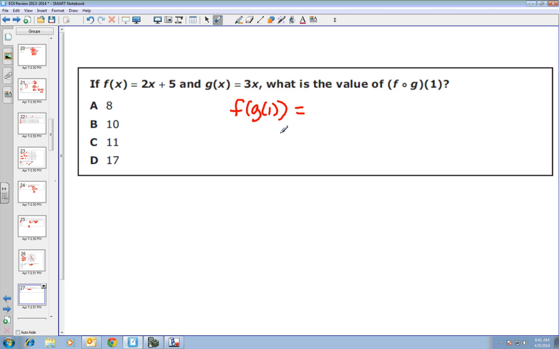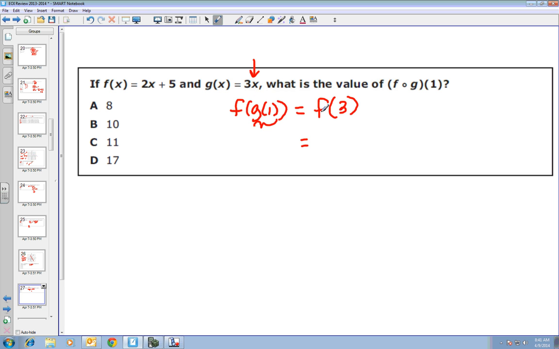Okay, remember how we did that? We said, okay, we're going to write down the f. Then we're going to go to our g equation. And what are we plugging in? We're plugging in, but instead of 3x, what are we putting in our x? A 1. So when I plug in 1 here, 3 times 1, what do I get? 3. So I keep my f. I go to my g equation, and I'm plugging 1 in to get an answer.